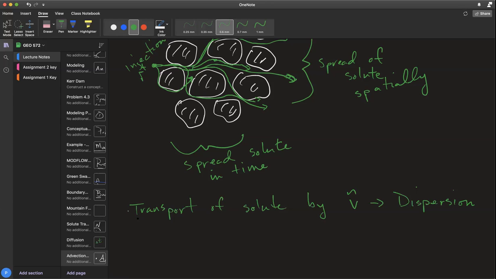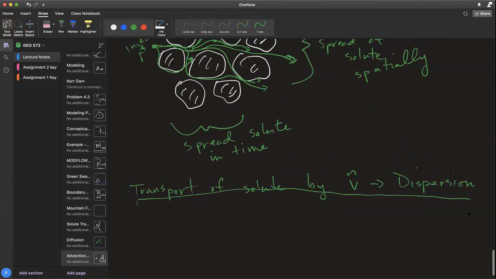Now, if we assume a normal distribution for V hat, all right?